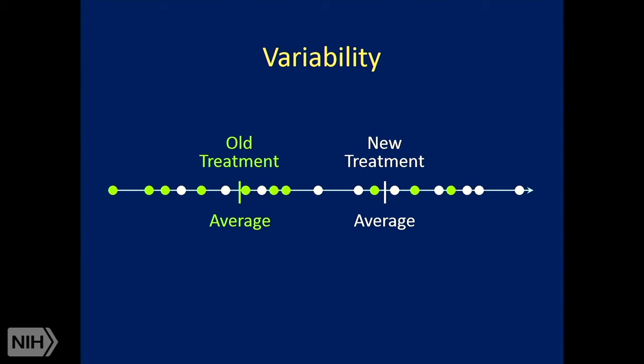Now, what if I do some more? So now you say, well, I don't know. I see some white dots to the left, and I see some green dots to the right.